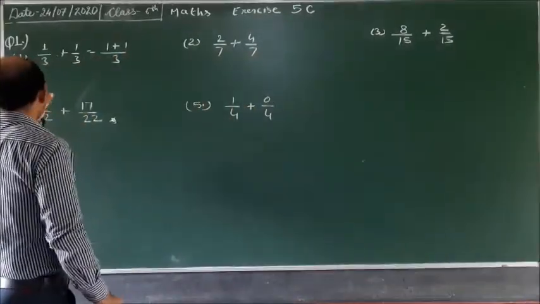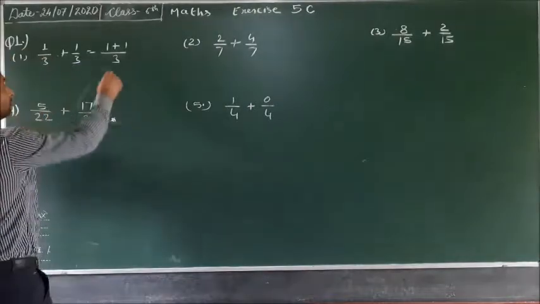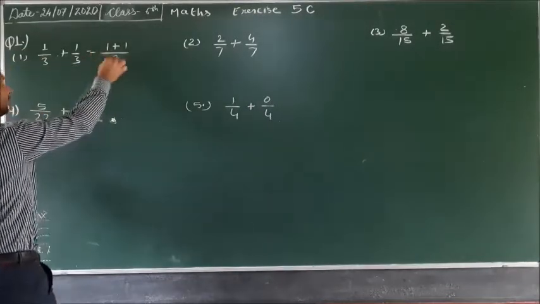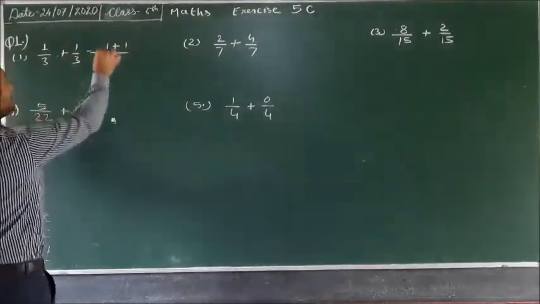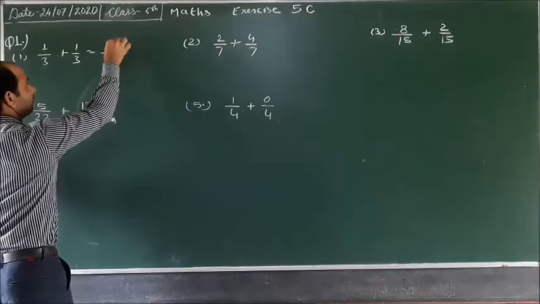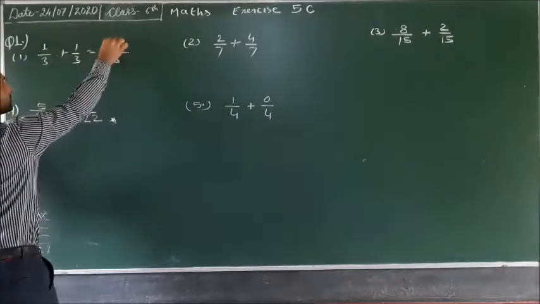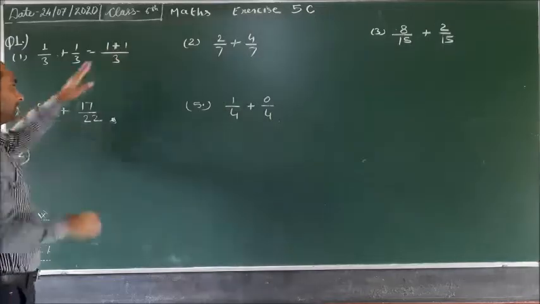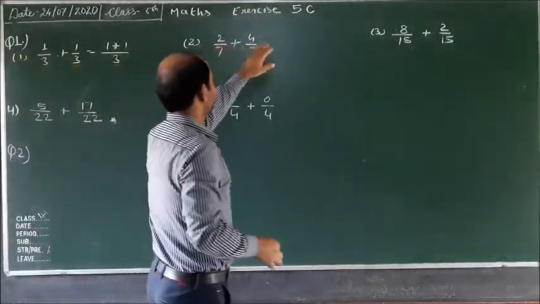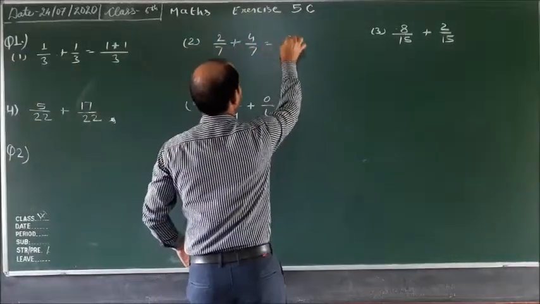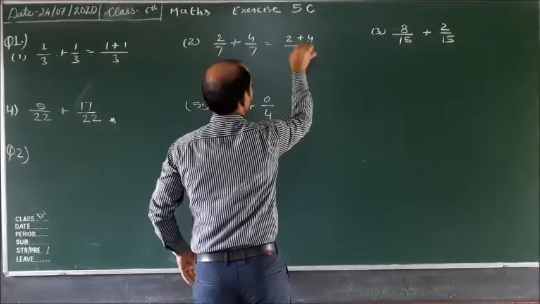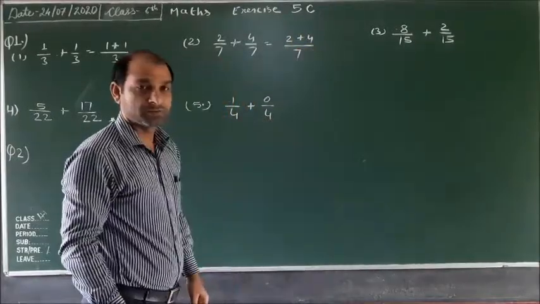If denominators are equal, then the LCM is the same number, so the numerator becomes 1 plus 1. Here the numerator is 2 plus 4, so we write 2 plus 4 over 7. Why do we write 2 plus 4?